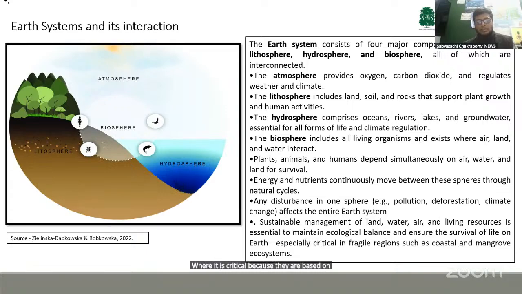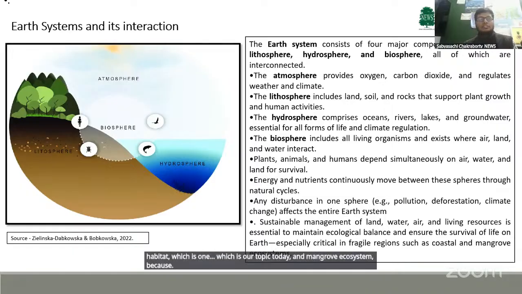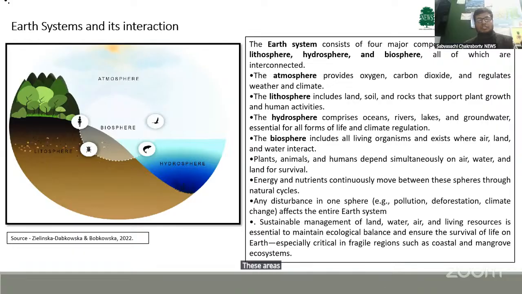The ecological balance will be in equilibrium, and it will ensure the survival of life, especially for fragile areas such as the coastal habitat, which is our topic today, and mangrove ecosystems, because these regions are prone to natural disasters and are under severe threat due to anthropogenic activities and climate change.